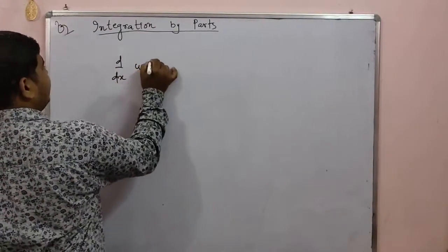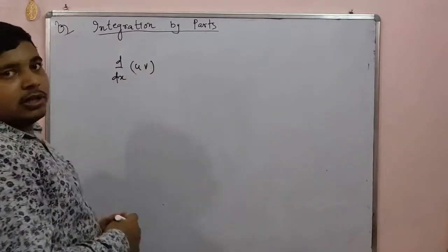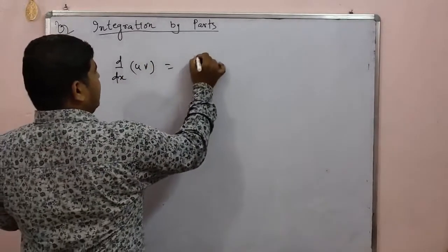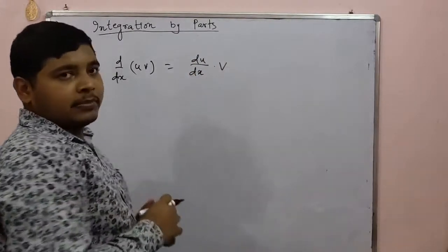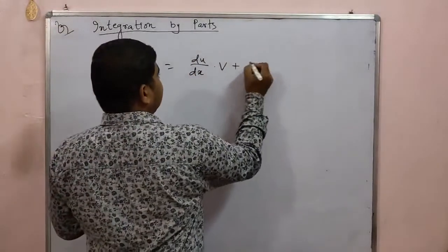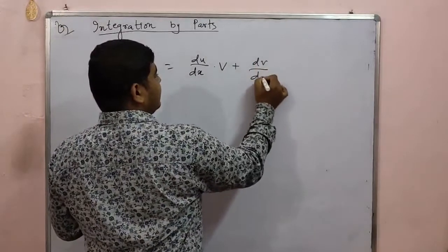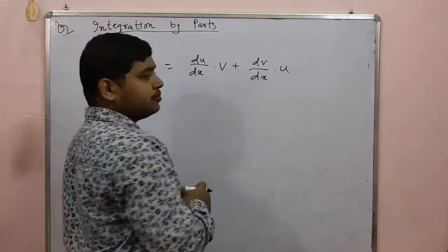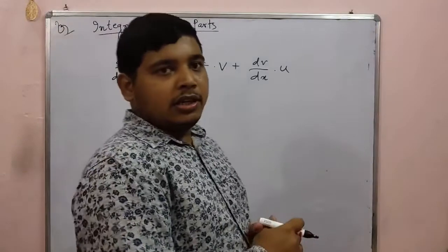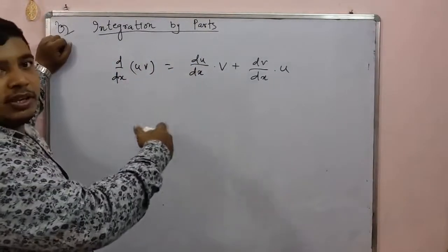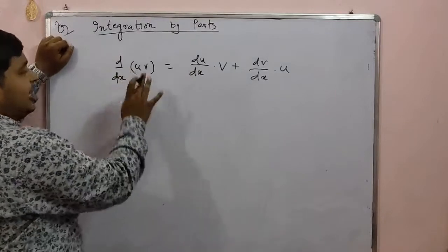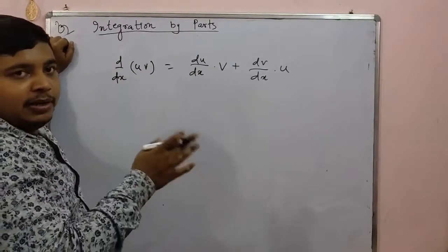So let's start. Let u and v be two functions. The derivative of uv is equal to du by dx into v plus dv by dx into u. Then integrating both sides with respect to x, the integration and derivative cancel out.